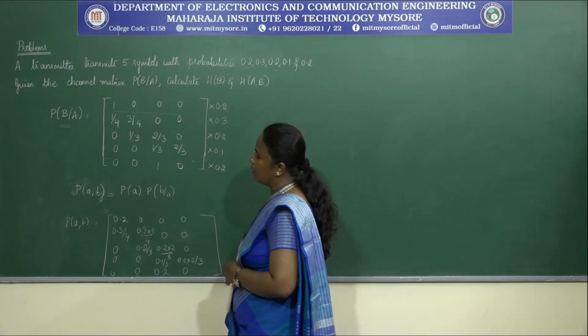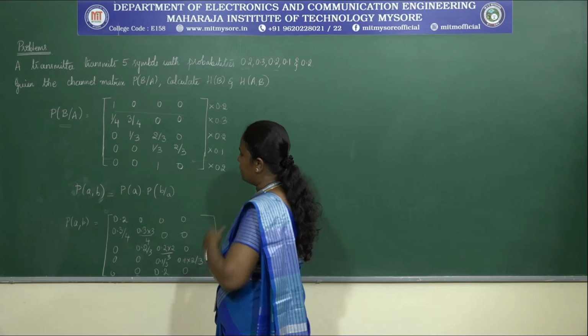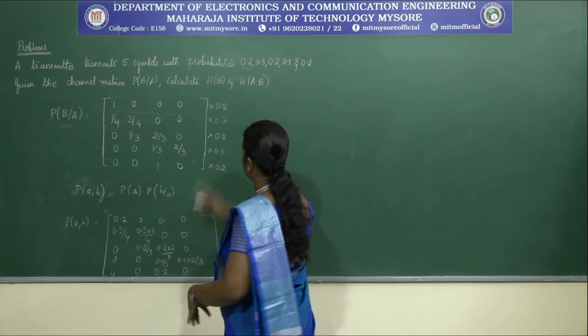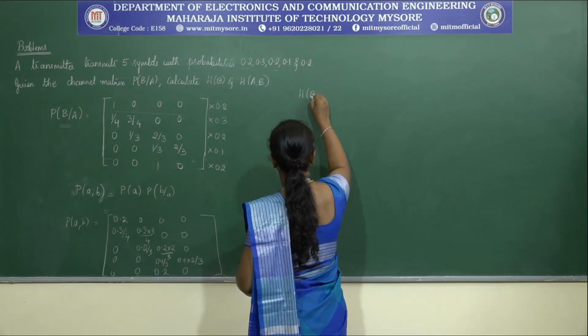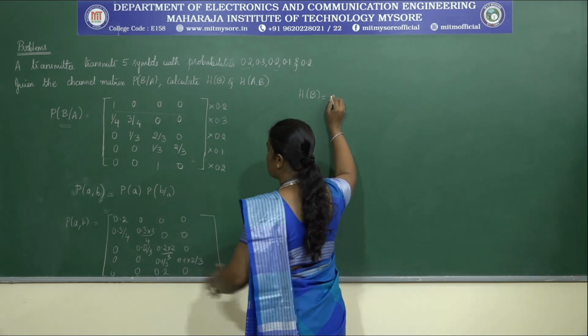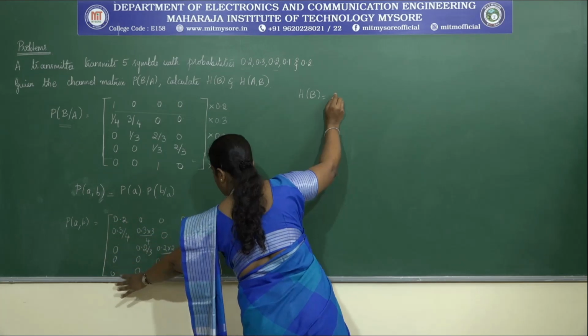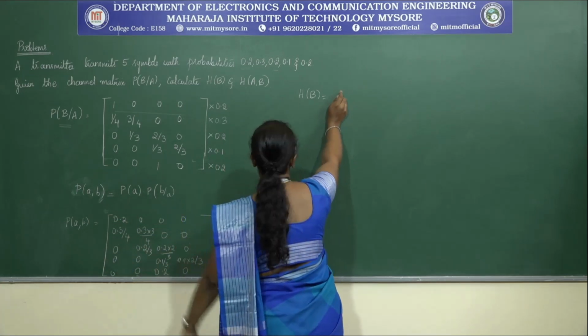Once you get your joint probability matrix, it's easier to calculate H of B. You know the formula. H of B means you need to consider all the elements column wise.